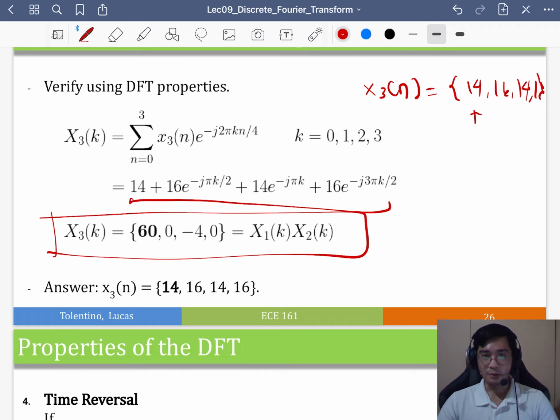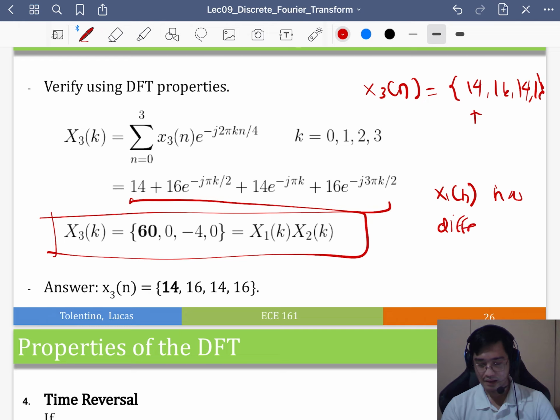Now, a question that I want you to answer and reflect upon is, what if x1 has a different length from x2?